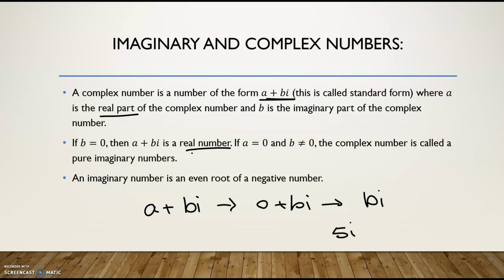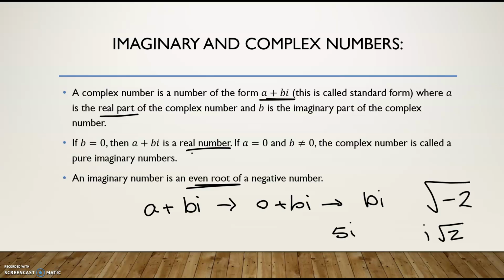That would be a pure imaginary number. An imaginary number is an even root of a negative number. Okay, even root of a negative number. So the square root of negative, say, 2, this would be i square root of 2.